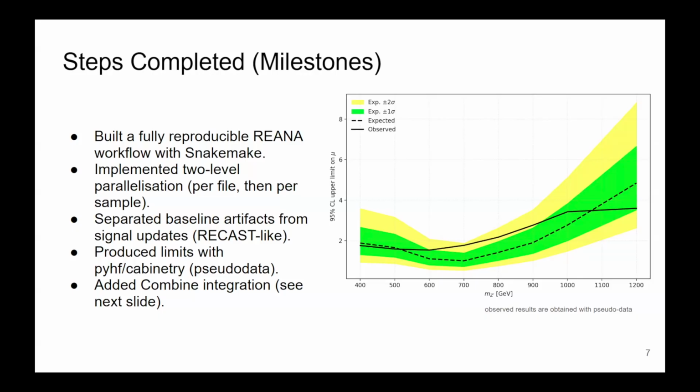Also, limit production using pyhf and cabinetry on the stacked histogram, and successful combine integration, automated inside the same workflow.